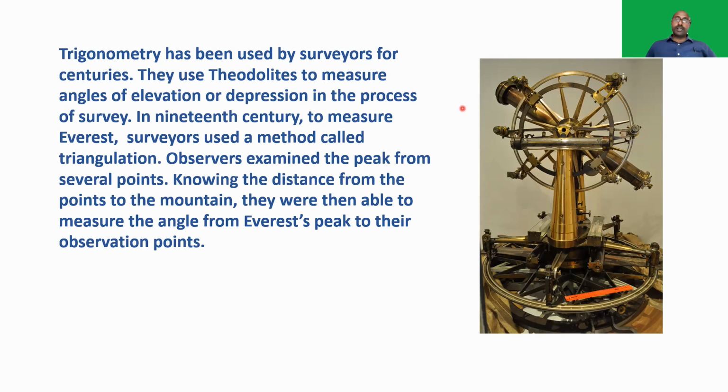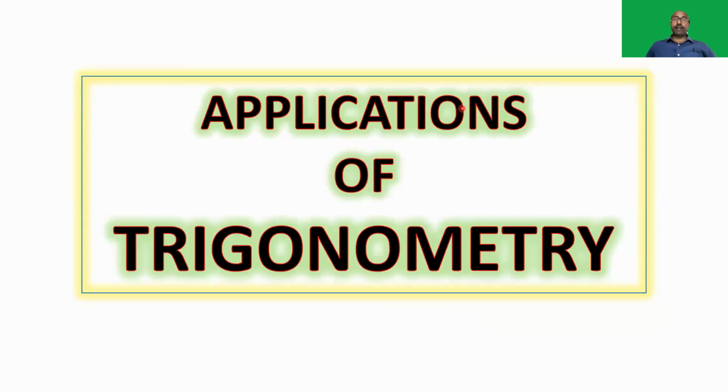Anyway, we use trigonometry in various fields, and we apply trigonometric formulas and trigonometric ratios in different fields. So in this chapter, we learn the applications of trigonometry. So our new chapter is applications of trigonometry.